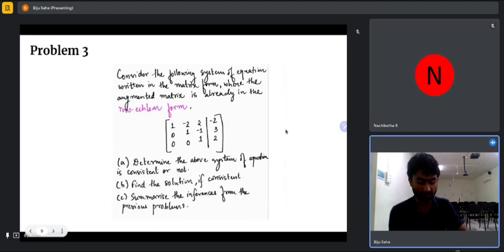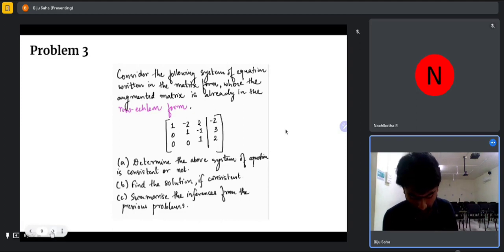We saw that the system is consistent and has a unique solution. I also found the solution, and there are three inferences that we drew from all these problems.